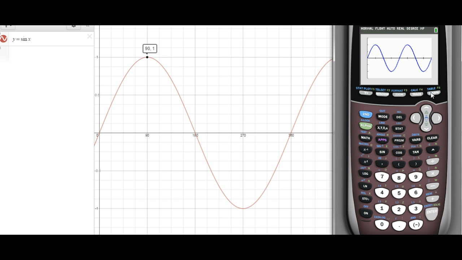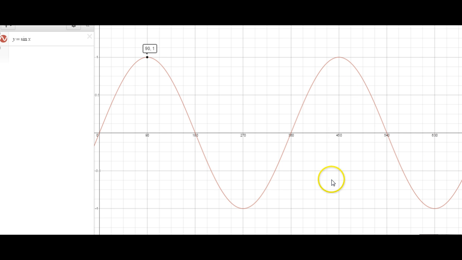So this is 90, 180, 270, 360, 450, 540, 630, and 720. That's all the degrees, because we used 90 as the scale. Let's look at it here because it's a lot easier to see.